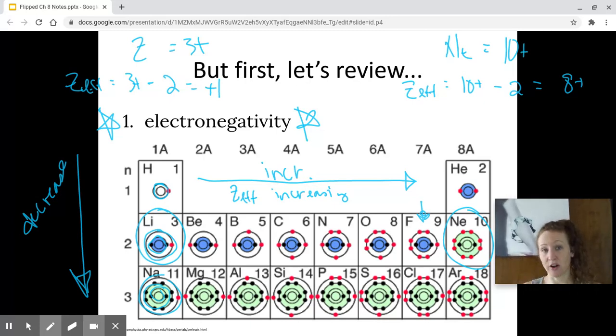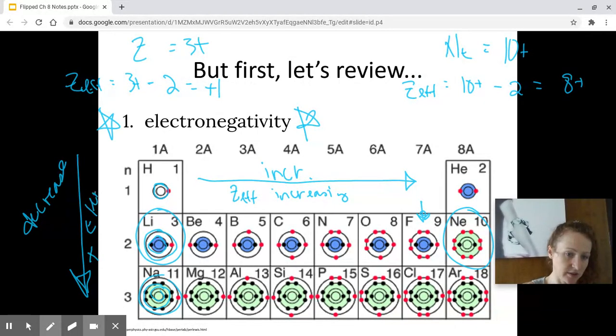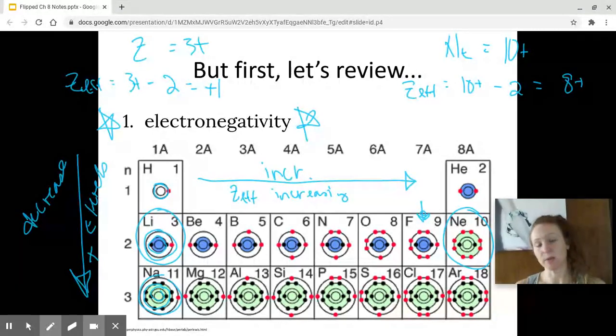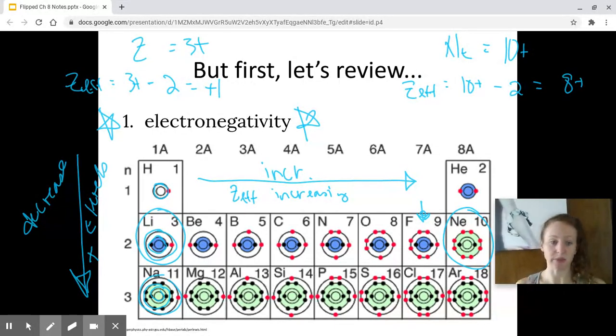The farther that electron is from the nucleus, the less it's going to feel that nuclear charge. So electronegativity is going to decrease top to bottom because of additional energy levels. You could also reference atomic size here, but atomic size is also increasing because of those additional energy levels.